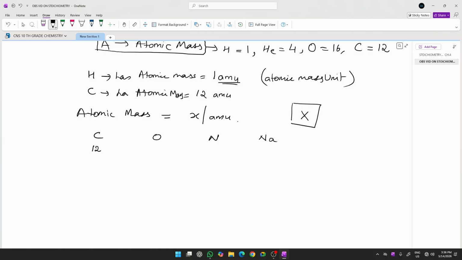So carbon will be 12, oxygen will be 16, nitrogen is 14, and sodium is 23. You can verify, you can check with your periodic table, it will be like that only. So these are atomic mass, right?